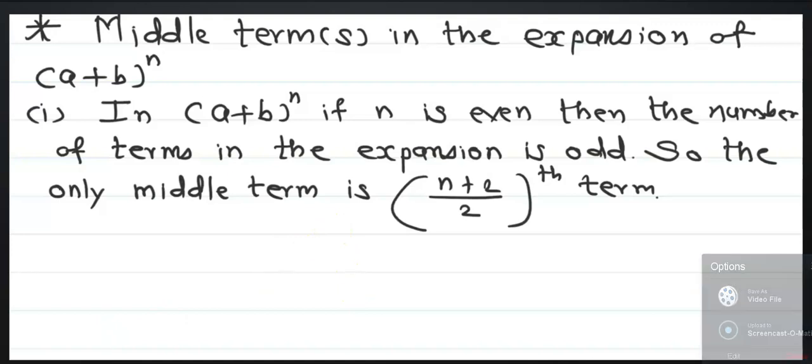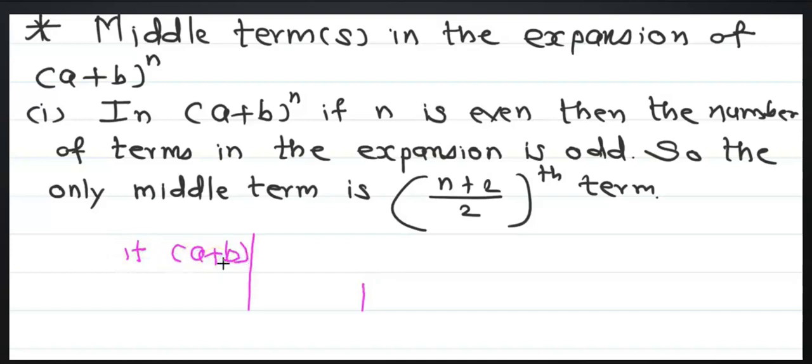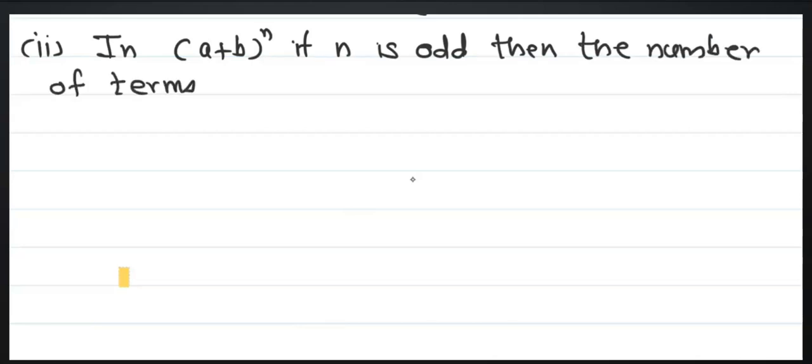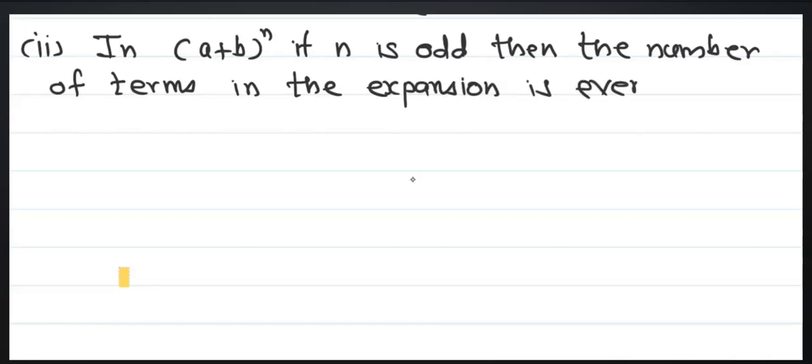Now we'll see the next formula when n is an odd number. Second, if the power n of (a + b) is odd, then the number of terms will be even. Now see this.